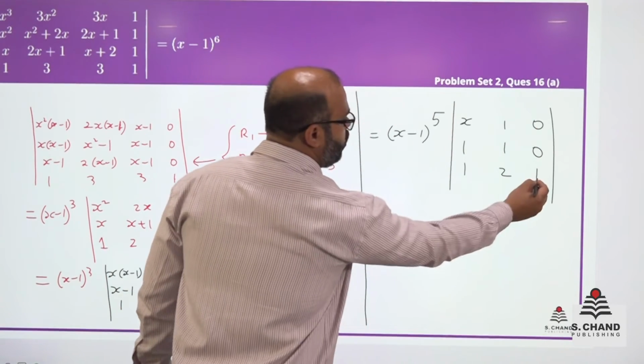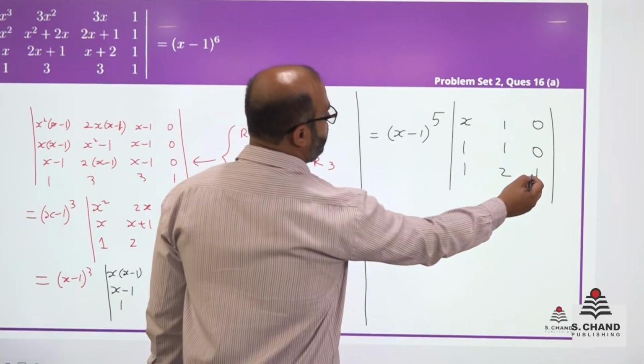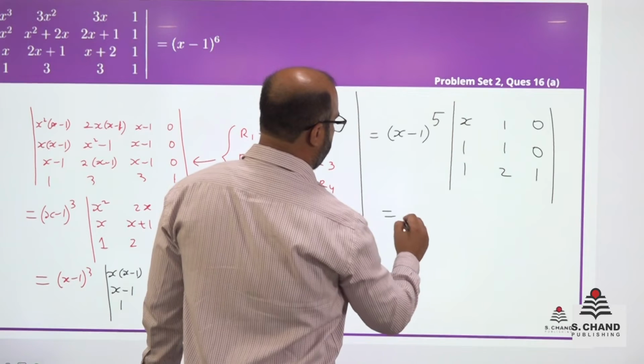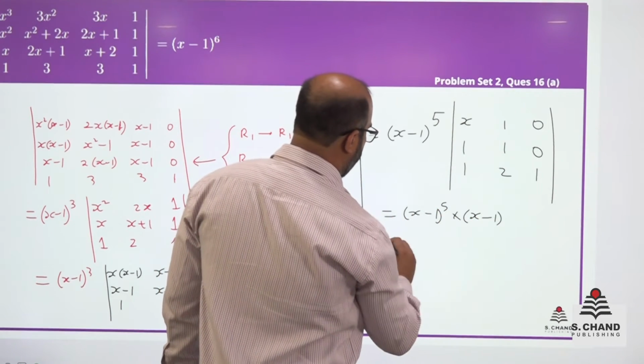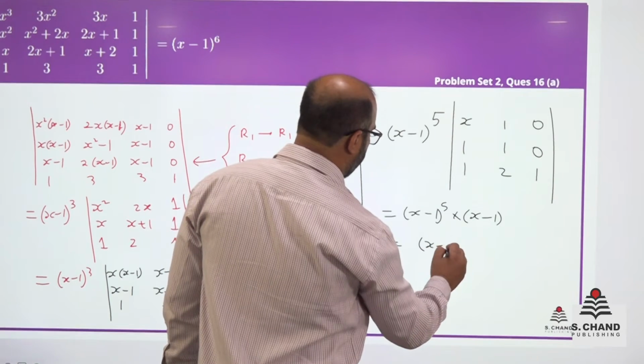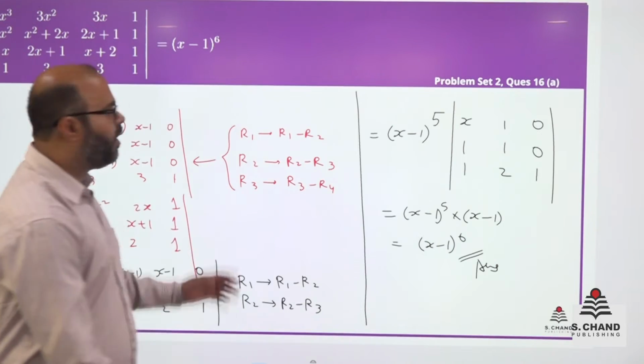Now let us expand about this column, 0, 0 and 1. So after expanding with 1, x minus 1. So x minus 1 to the power 5 into x minus 1, that will be x minus 1 to the power 6. That will be your answer, which we have to actually prove.